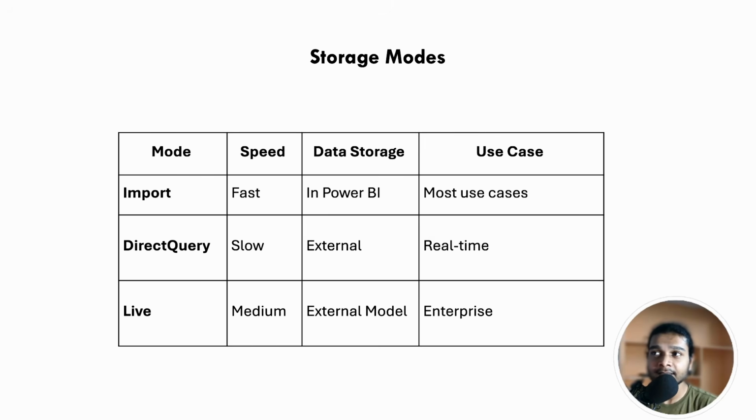And Power BI has an in-memory engine which is called VertiPack, and it stores all the data in VertiPack. Let me spell VertiPack so you get the spelling right. So that is how it's spelled. So this is the in-memory engine in Power BI where Power BI stores all the data that it gets through import mode and saves it locally.